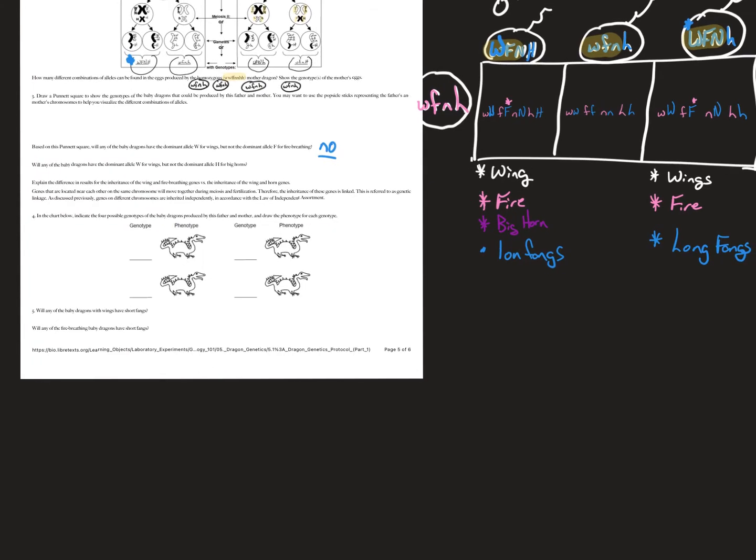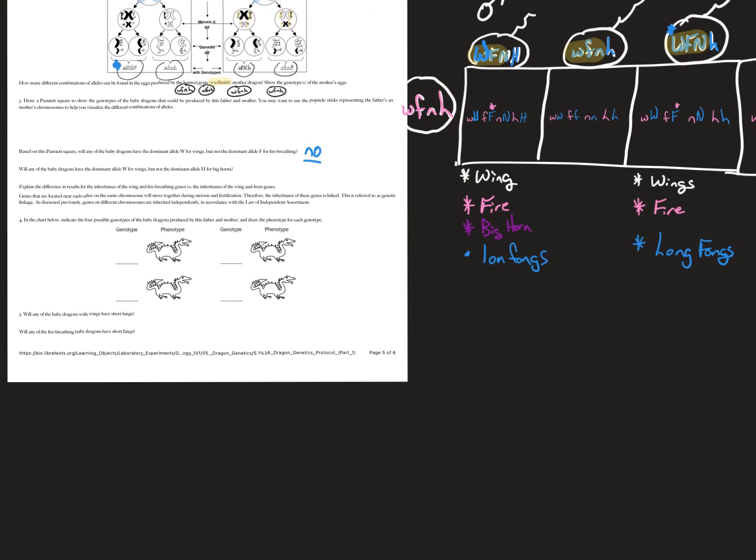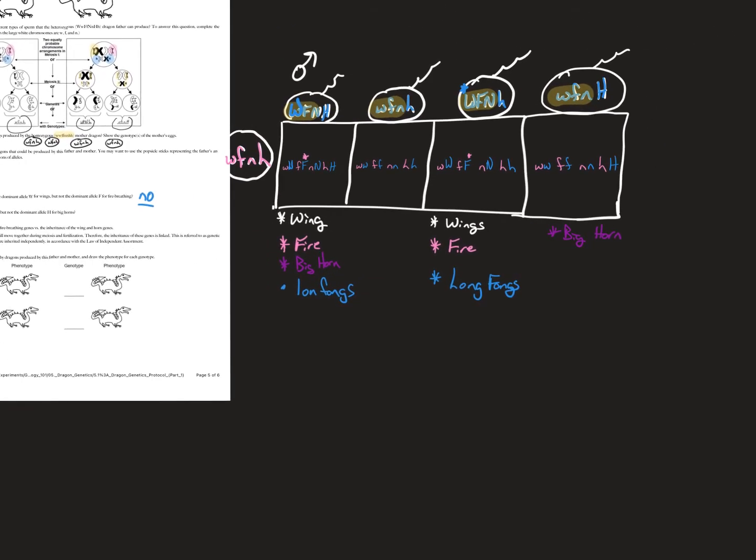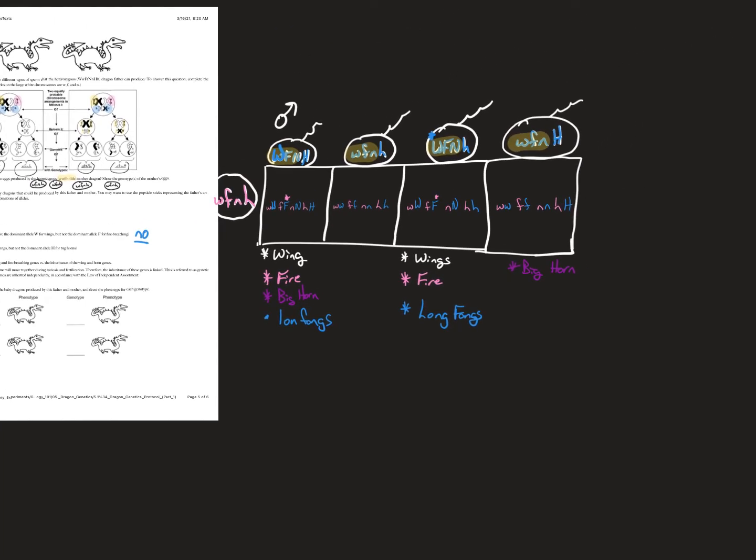Explain the difference in results in inheritance of wing and fire breathing genes versus the inheritance of wing and horn. So wing and fire breathing, and this goes back to the whole linkage, right? Big W, big F, big N are going to be together.